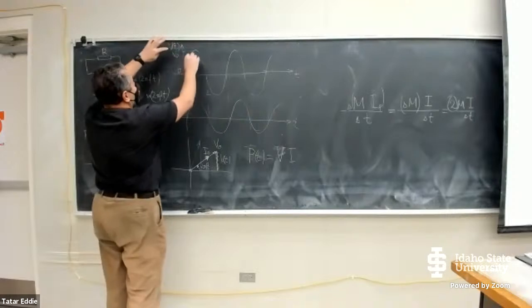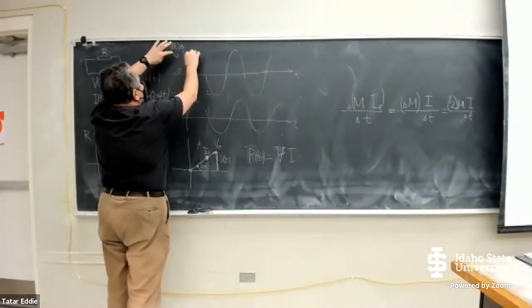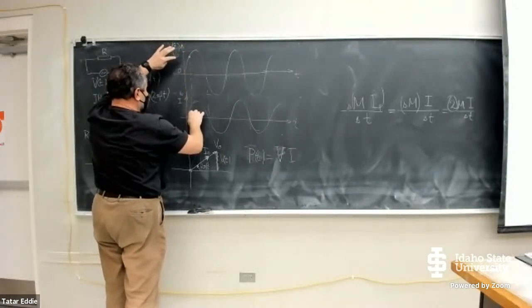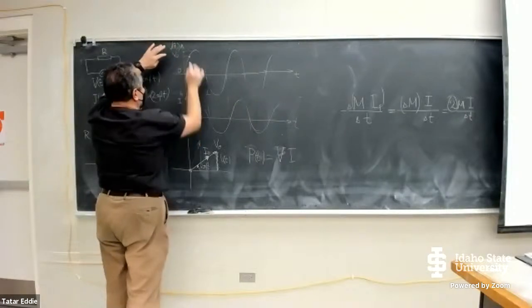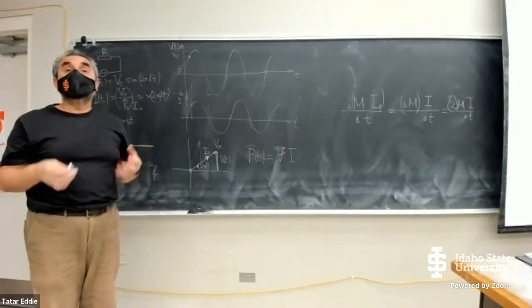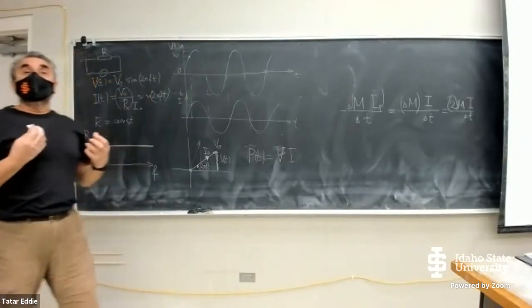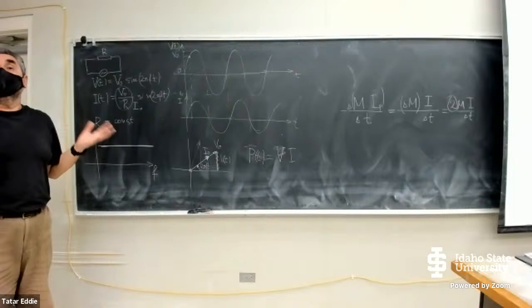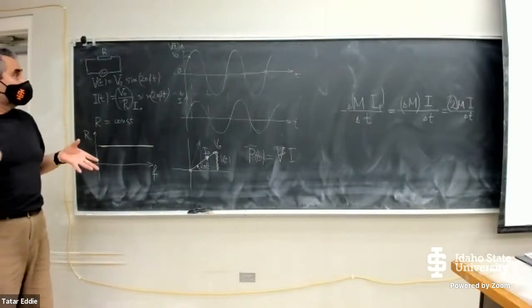So in other words, at a certain moment of time, this is the voltage. At that moment of time, this is the current. And their product gives you how many watts this resistor is consuming at that instant.